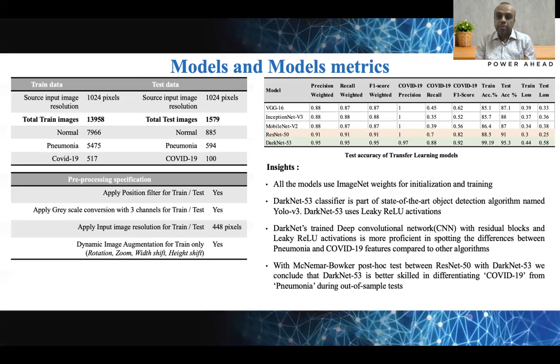This is helping in improving the performance. It is able to spot the COVID-19 patterns much better compared to other algorithms. To justify this, we have also done some statistical tests, which you will see in the future slides.